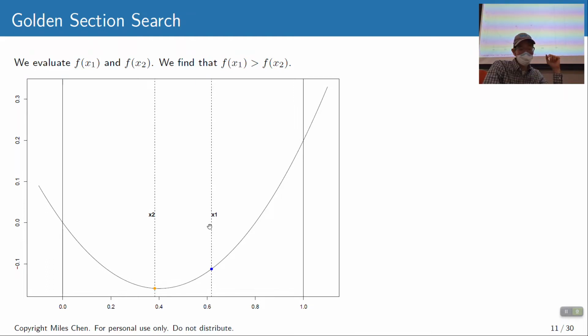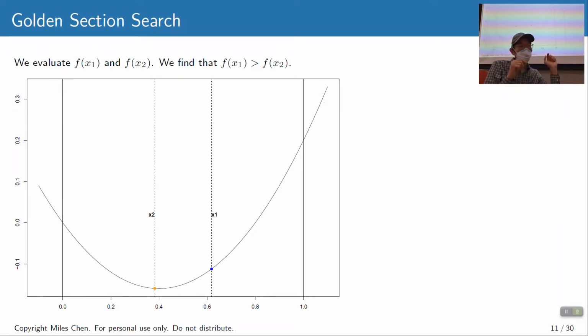And so this is what the values get evaluated to. Okay, so we find x1 and we find x2. And here in this picture, we can see very clearly where the minimum should be. But keep in mind that when we're doing this search for the local minimum, we generally don't have a graph.